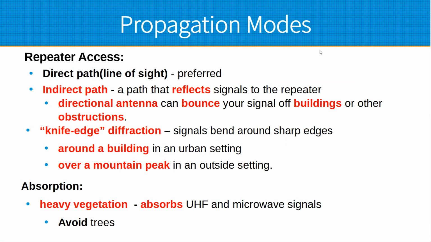Repeater access. Normally, you're talking line of sight to a repeater. They're typically on very tall buildings or towers. I guess the highest one around here is the NASA repeater on top of the VAB. It's 526 feet. So if you do that calculation, the line of sight for that is about 30 miles, 40 miles.